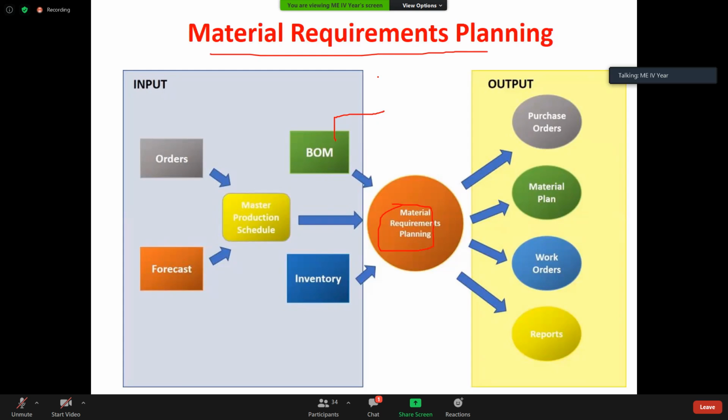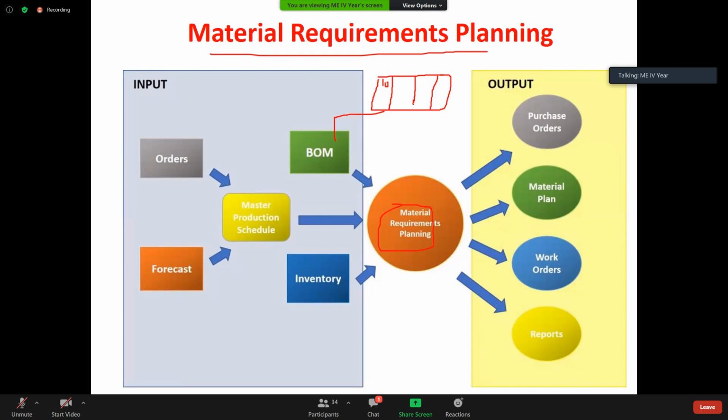PPC will do the complete details of parts with the delivery time, the part number, everything. There are 10,000 materials, all the numbers, and for each material, how much quantity, and when it has to be delivered.